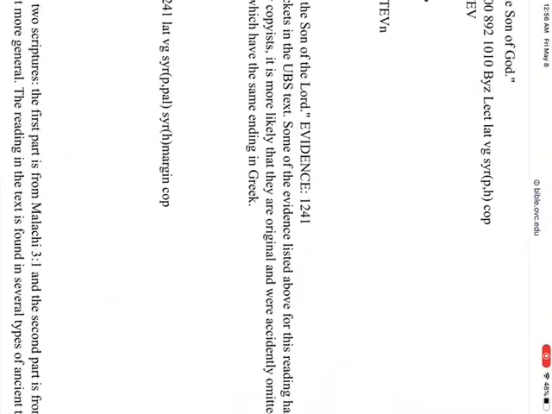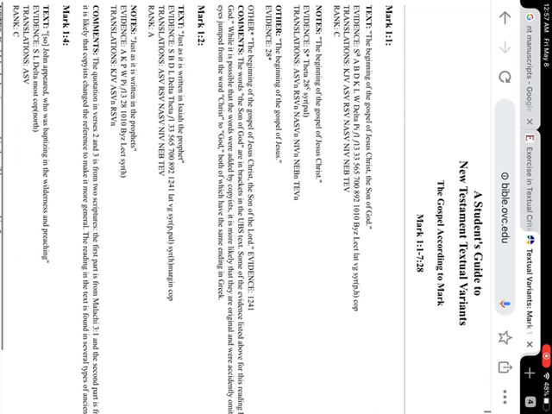While it is possible that the words were added by copyists, so they could have been added, it is more likely that they are original and were accidentally omitted when copyists' eyes jumped from the word Christ to God, both of which have the same ending in Greek. So basically a scribe was copying down and writing, and then just like maybe you've read and also you skip a line accidentally, that's what they think happened, that they skipped a line and left these words out.